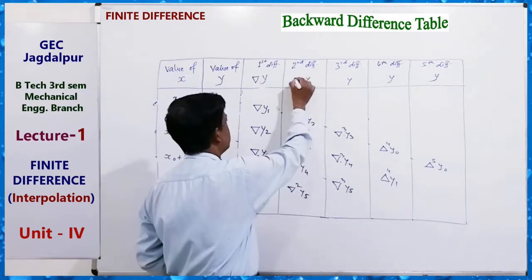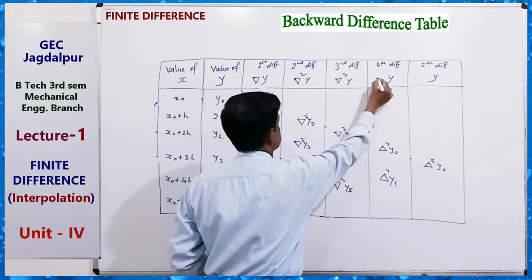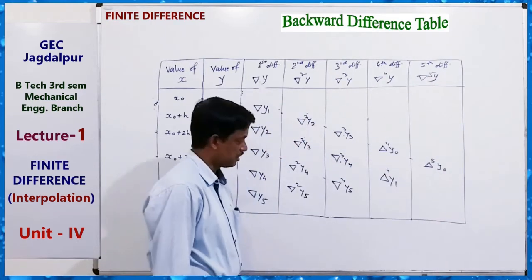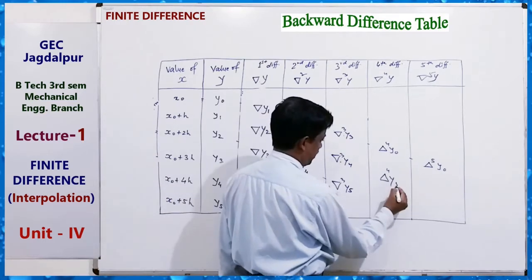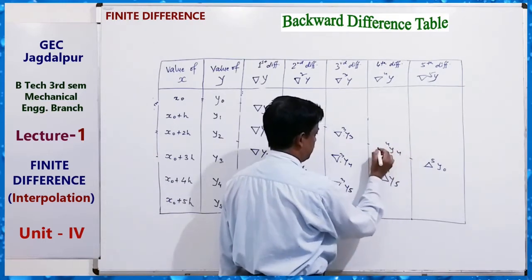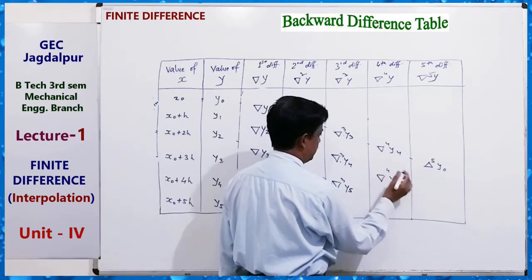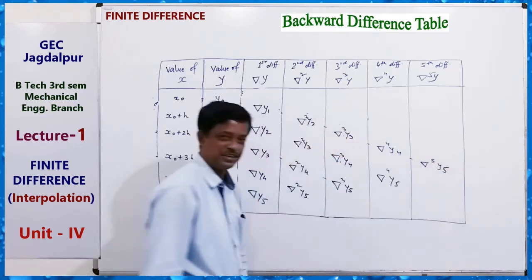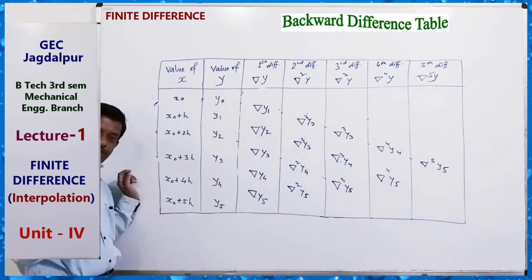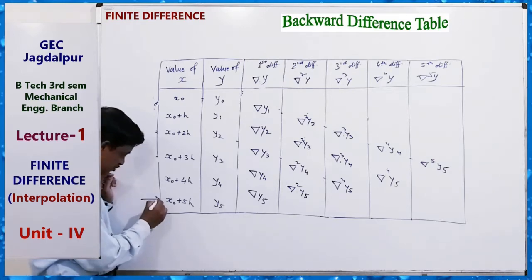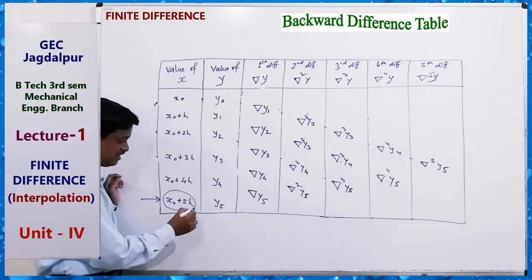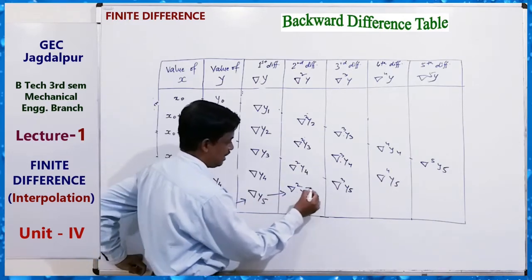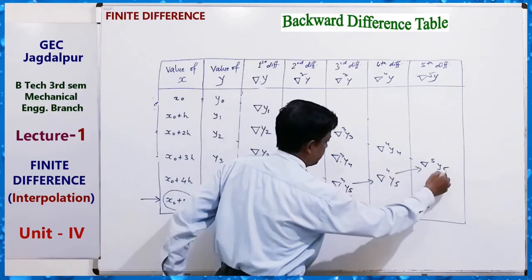So these are the second differences, third differences, fourth differences, fifth differences. You can write them. Okay. Just here 5 and 4 and backward del. Here 5 and backward del. So in the case of the backward difference table, this is the origin and this will be the leading term, and these are the differences at y5.